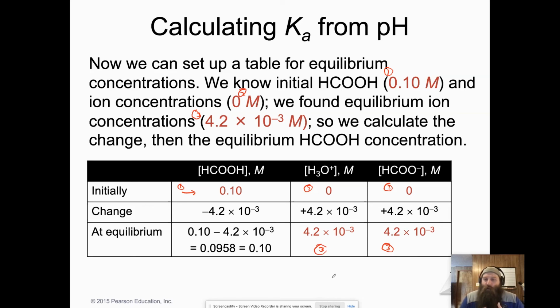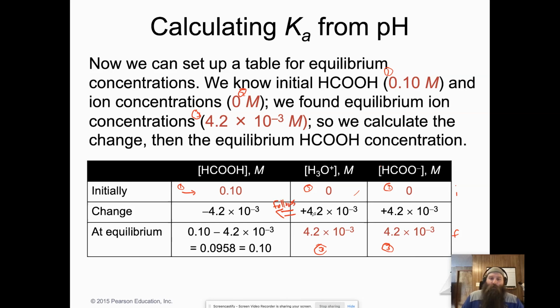And so now we can just figure out the change. So we do final minus initial, right? So here's final, here's initial. Final is after the change, so equilibrium is our final. So 4.2 times 10 to the negative third minus 0 is 4.2 times 10 to the negative third. That's going to be the same for both of these. And that means that the change over here is negative 4.2 times 10 to the negative third.